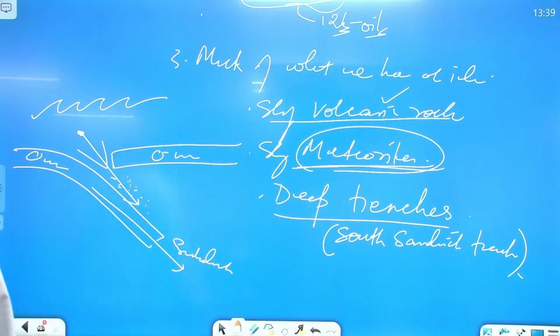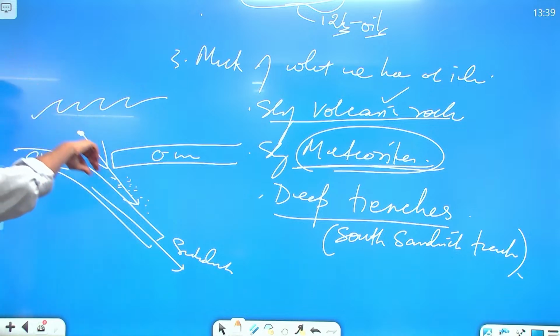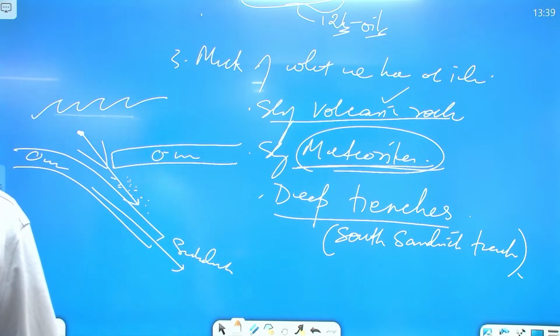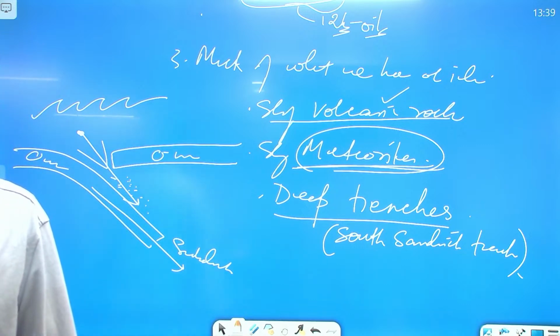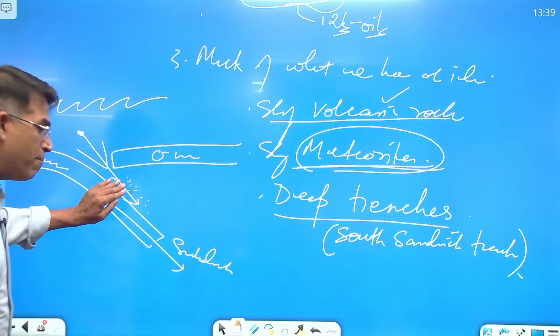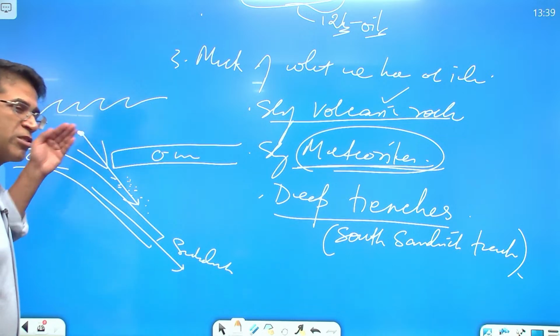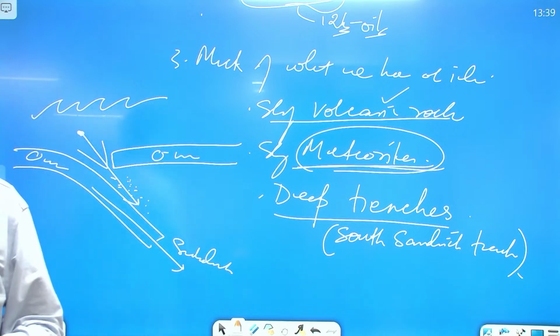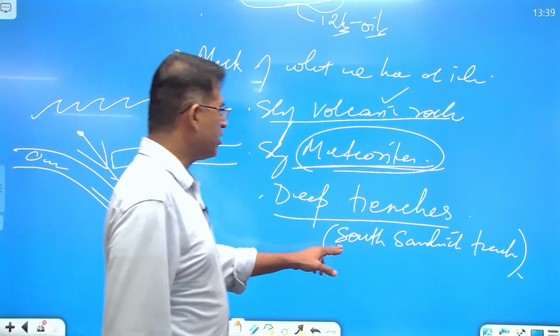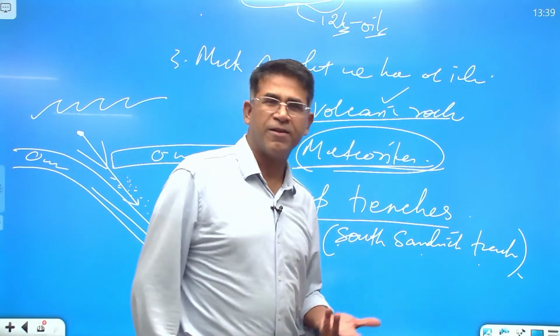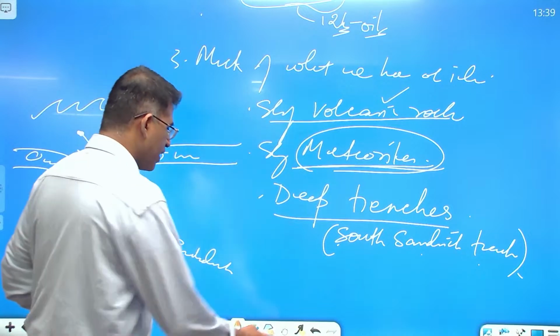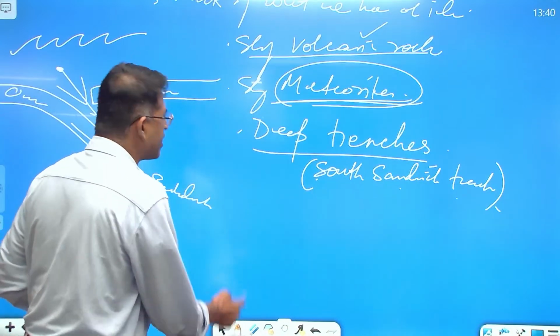When I say see, it's not that we just peeked in; they have got different instruments which can record some energy. Okay, so that's one location where they have studied parts of the upper mantle. In this part, the upper mantle is actually exposed, and they study that. A place called South Sandwich Trench. Okay, that is enough.